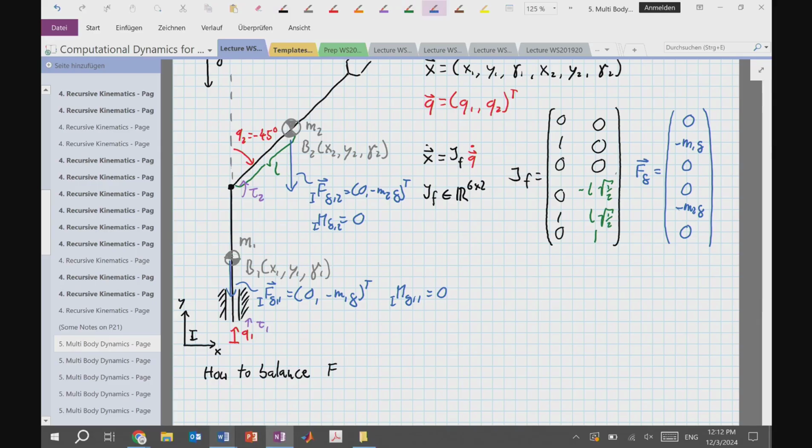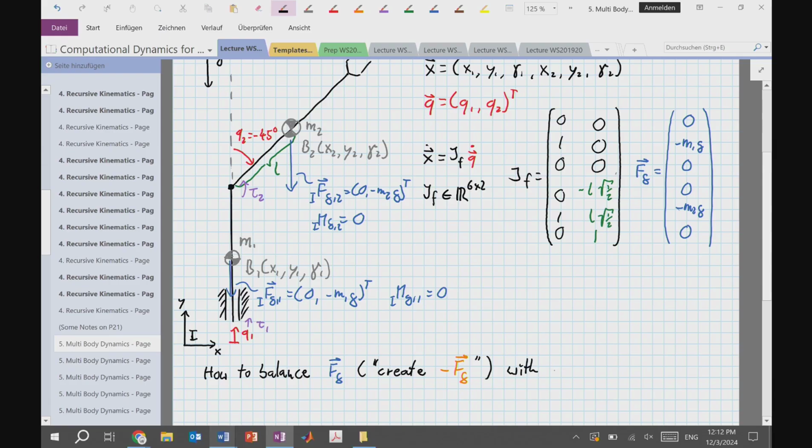So balance the gravitational forces that are acting on the robot, forces and torques, but the torques are 0. So that means I somehow have to create a balancing set of forces and torques, minus Fg.